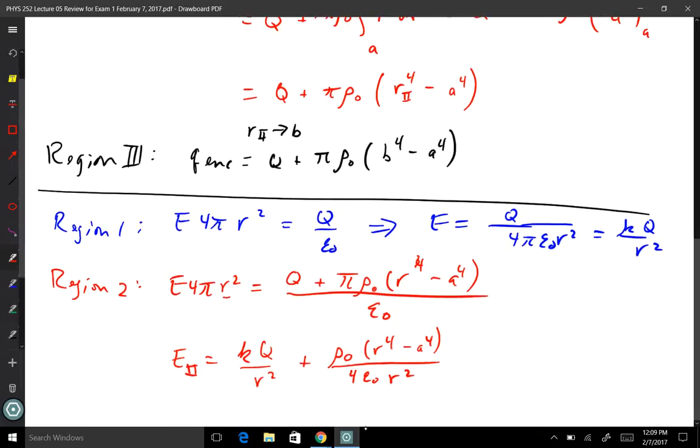And then finally for region 3, I'm going to cut right to the chase. Both of these are 1 over r squareds.